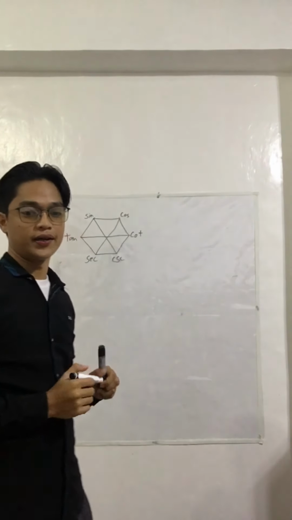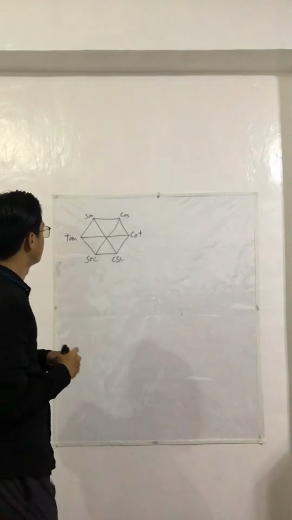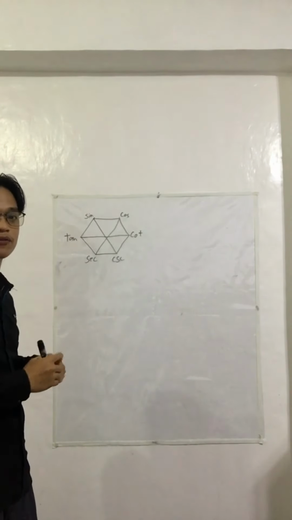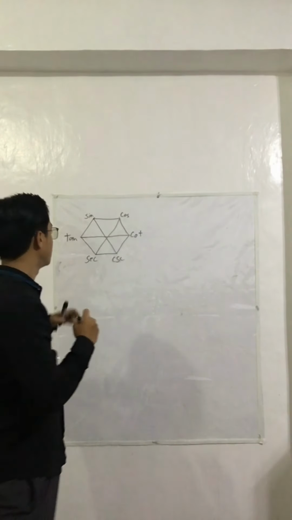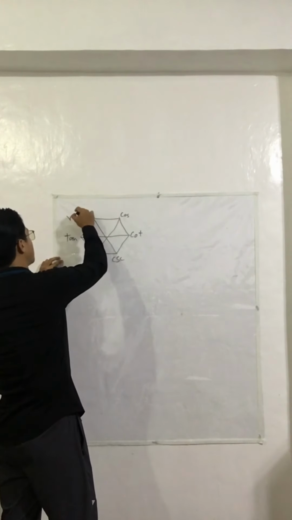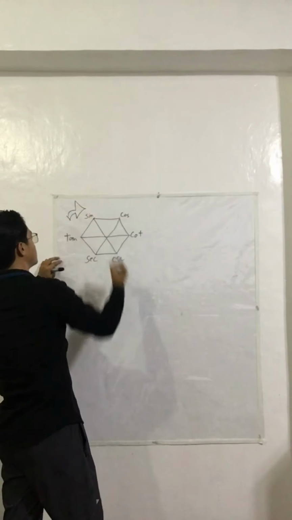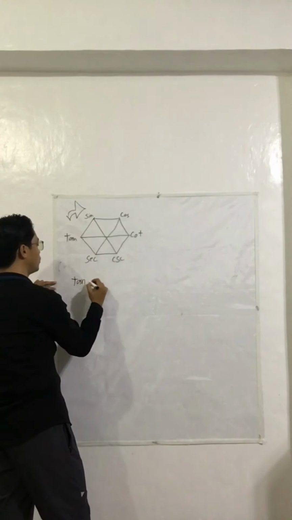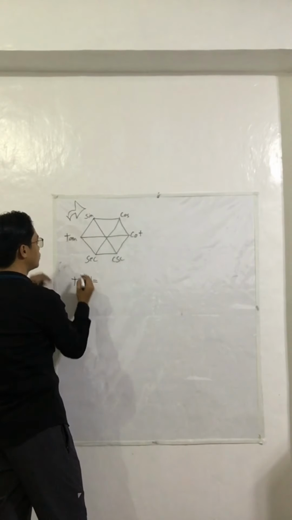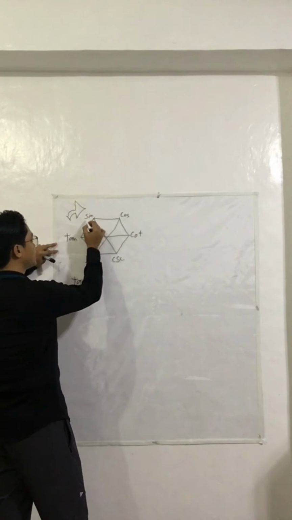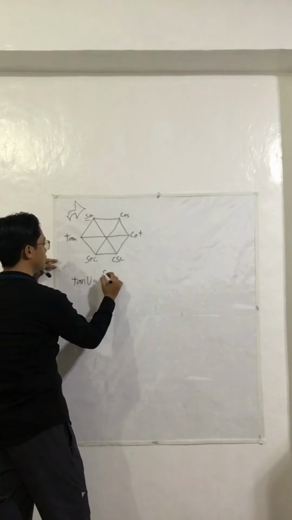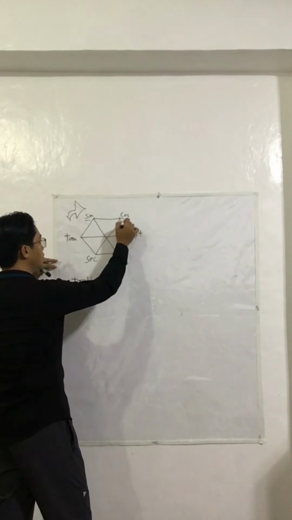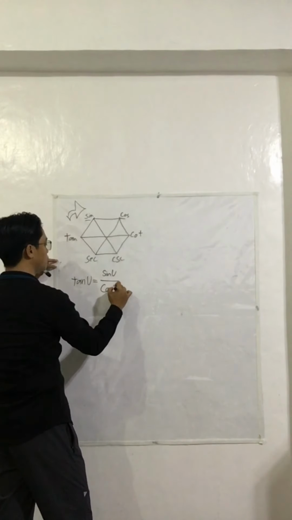So yung sa clockwise, para makuha natin yung mga equivalent nito sa first application ni superhex, mag-start muna tayo sa clockwise. So, tangent u is equal to, papunta sa clockwise, which is yung sine u over cosine u.